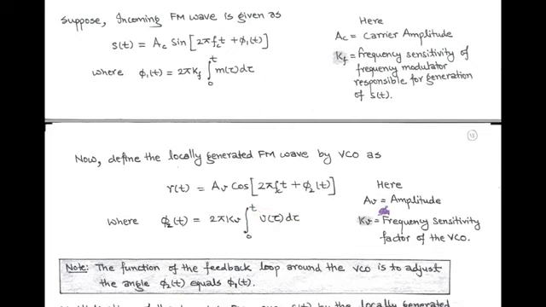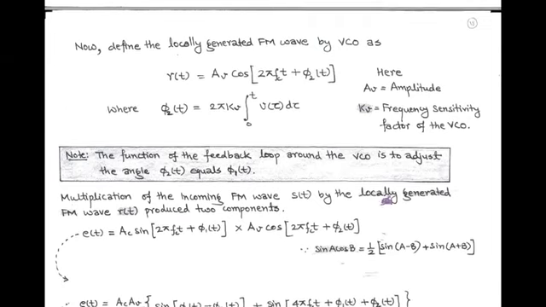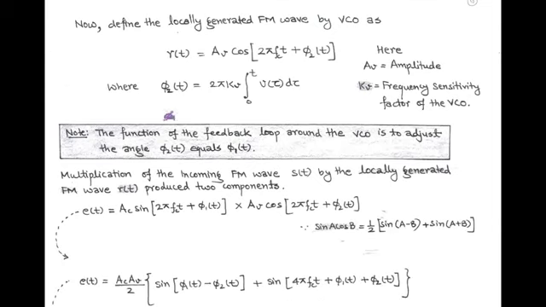Also, Av is simply an amplitude and kv is the amplitude sensitivity factor of the voltage control oscillator. So, the incoming FM wave and locally generated FM get multiplied with the help of multiplier and produce an error signal, that is e(t).